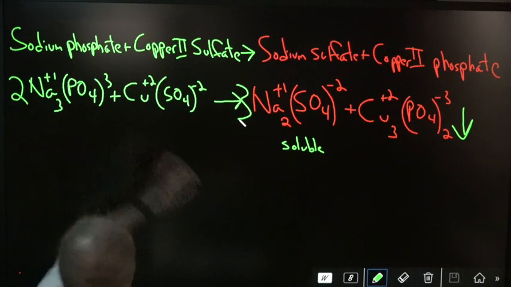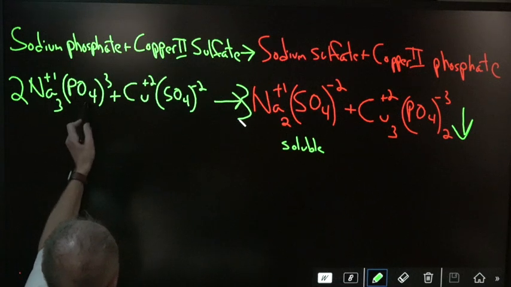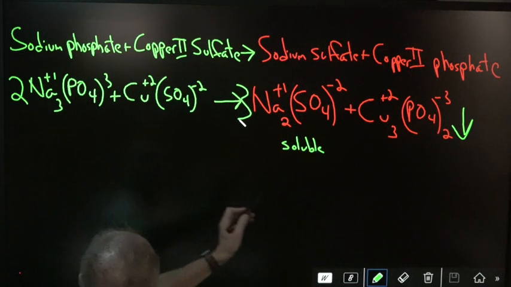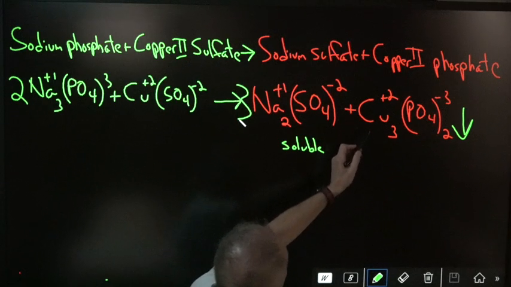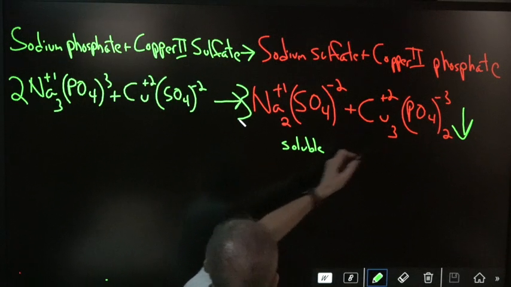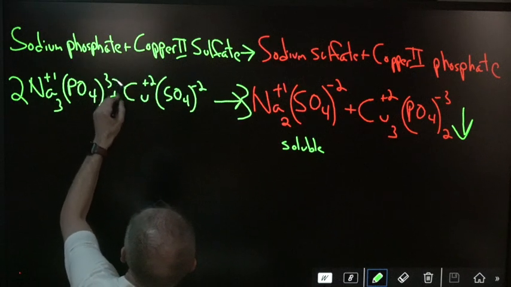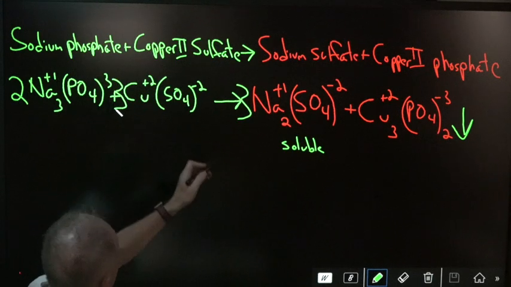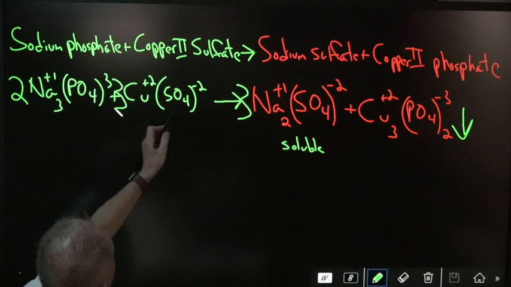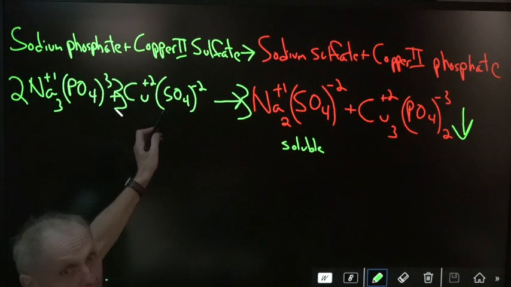Now, that 2 blows through everything, so now I have 2 phosphates. But I already have 2 phosphates. So look at, I have 3 coppers. So I have to come over here and put a 3 right there. But now, that 3 blows through everything, so I have 3 coppers, 3 sulfates. Well, guess what?